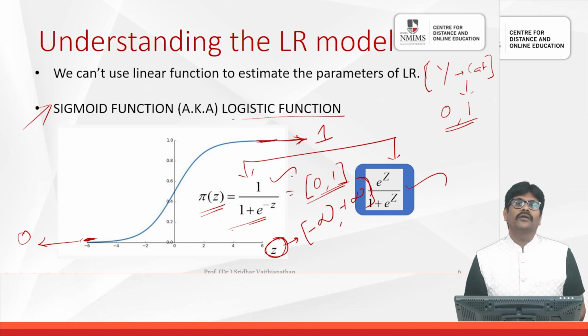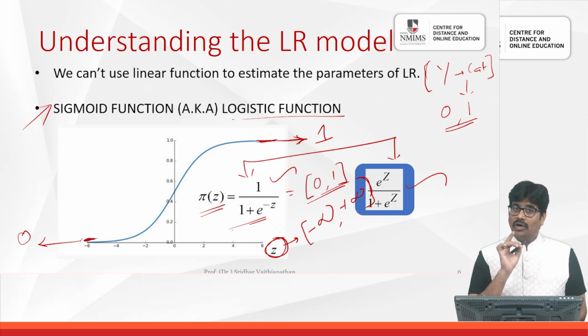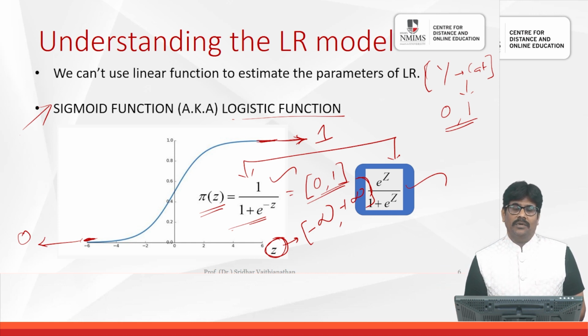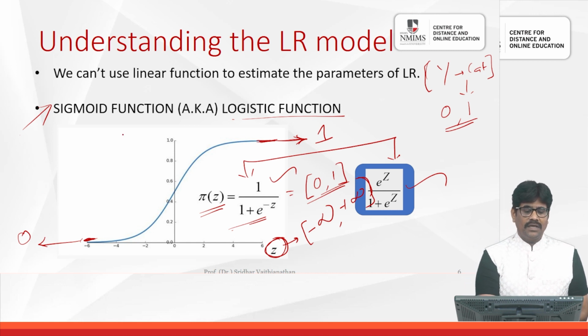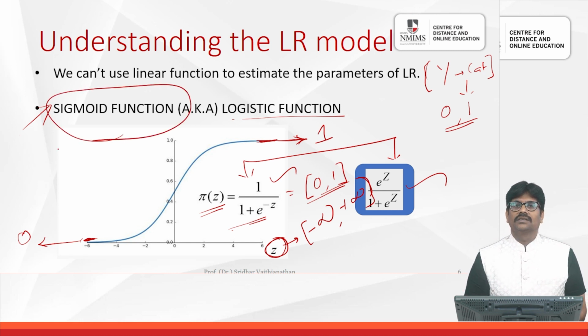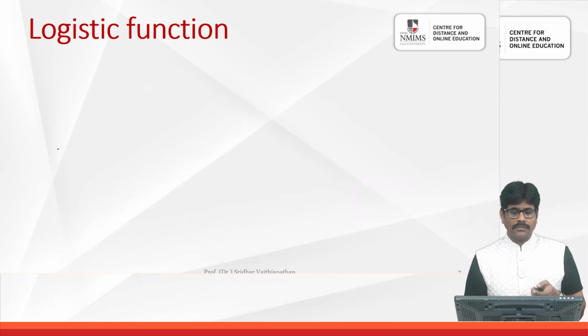The point to be taken from here is that in order to establish a relationship between the categorical dependent variable and the independent variable, which can be metric or non-metric, we cannot use the ordinary least square method or a linear function to define it, and hence we went for what is called the sigmoid function. Moving on.